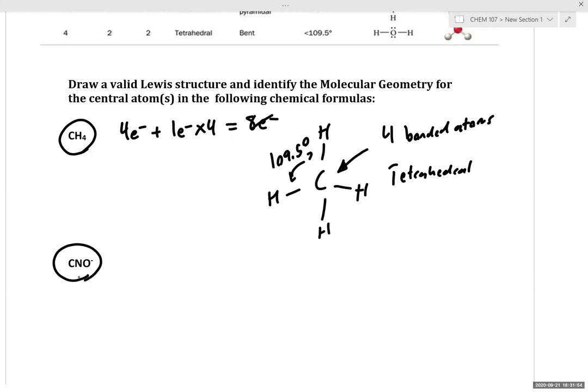Don't be shy to ask me any questions in the chat or verbally, and I'd like to see the response in the chat for the geometry that you determine for this molecule's central atom after you've drawn the Lewis structure. And don't be shy to share your Lewis structure using the annotate tool. And remember, more than one student can annotate, and all of the annotations, if you want, are completely anonymous. So really don't be shy to share in front of the class.